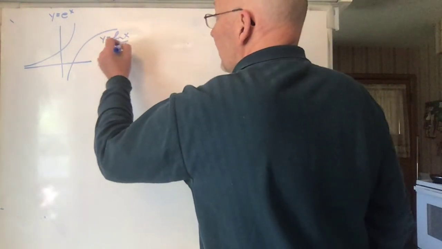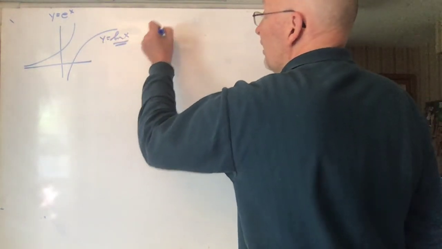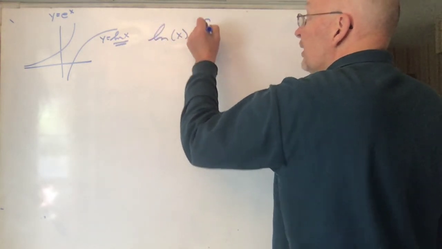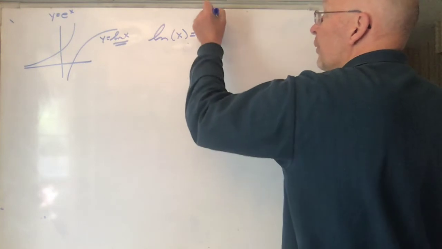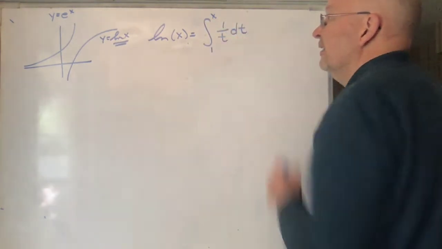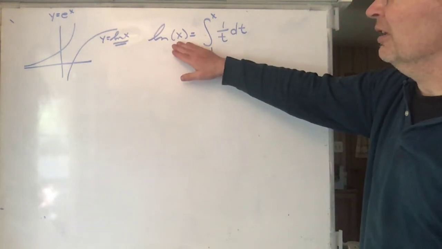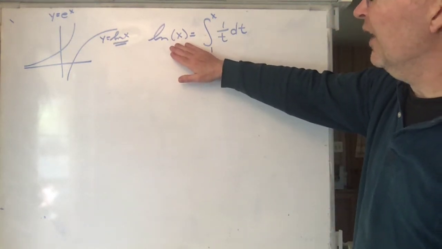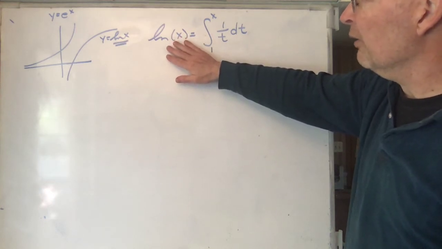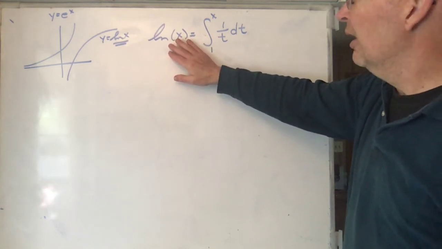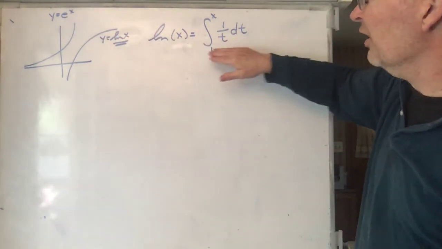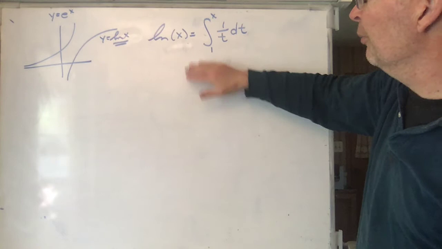The ln, here's the definition of the ln. The ln of x is defined to be the integral from 1 to x of 1 over t dt. That's the definition. That's really how you define it to begin with. In a lot of the older calculus books, you never even saw the logarithm and the exponential until after you talked about the integral and the fundamental theorem of calculus.